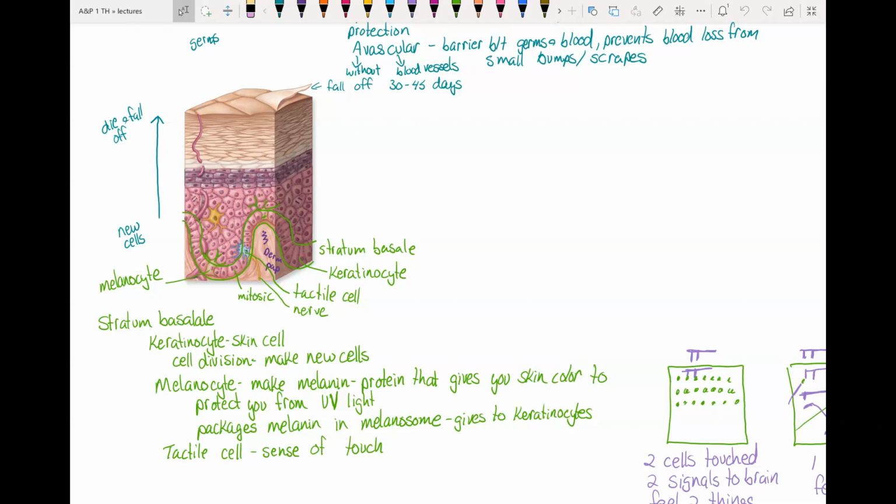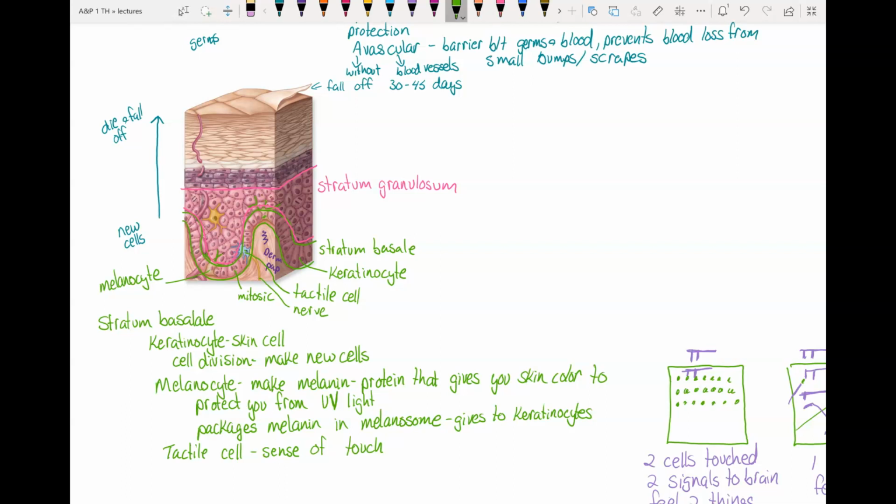Okay, then if we move up another layer, this part is the stratum granulosum. So notice the basale is wavy, the bottom of the granulosum is wavy, but now by the time we get to the top of the granulosum, it's just flat.